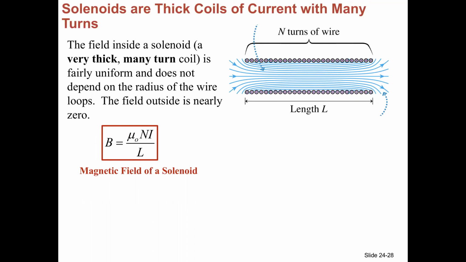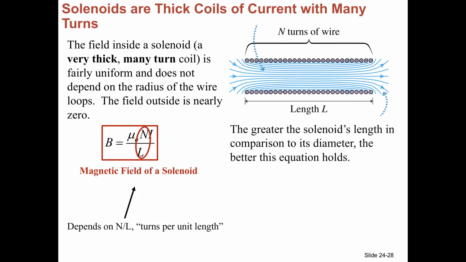The one confusing thing that I think comes up a lot is, given a problem, should I use the thin coil formula or the thick coil solenoid formula that's here? Basically the way you have to decide that is based on the wording of the problem. More or less, if you're given the length of the coil stack, that only matters for the solenoid formula.